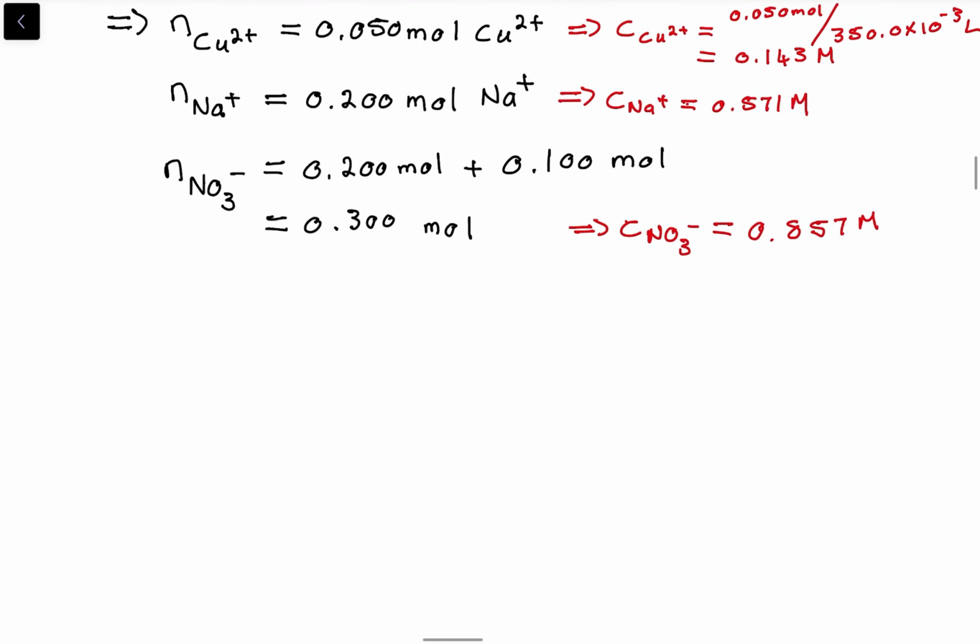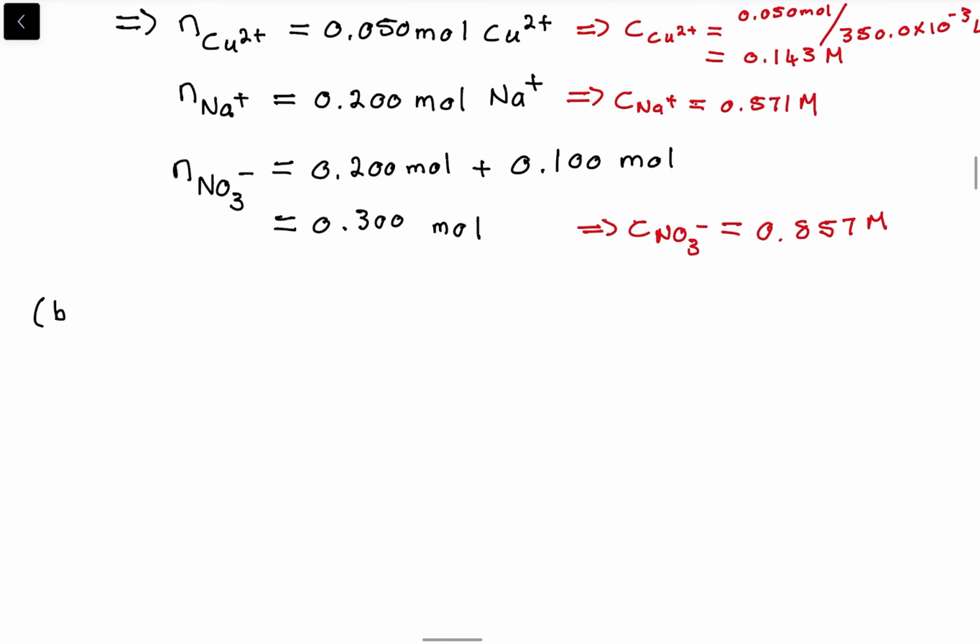All right, so let's go this way. 11.87 gram of copper carbonate, you can go and calculate, gives you a certain number of moles of copper carbonate, right?